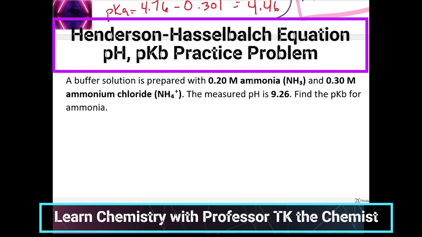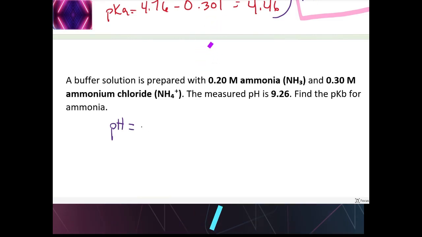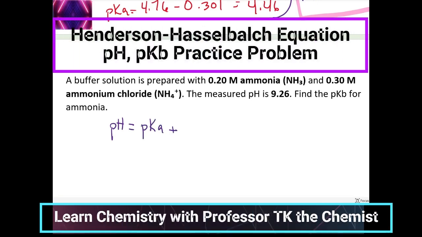Well, again, if we go back to our formula, we know that the pH is equal to pKa plus the log of your conjugate base divided by your weak acid, right? We know this part. We also need to know this other thing. Remember how I put Kw is equal to 1.0 times 10 to the negative 14?